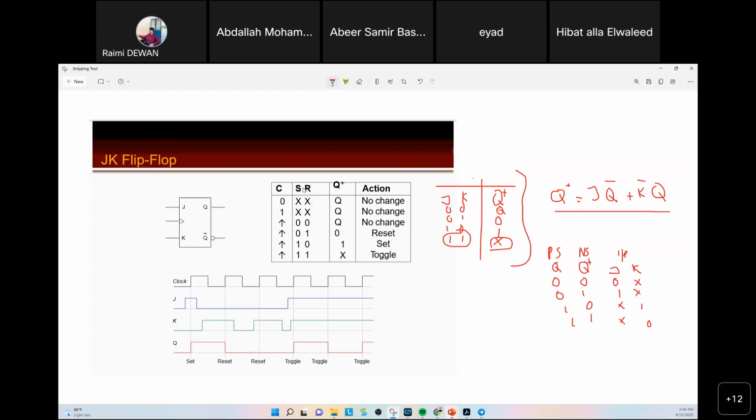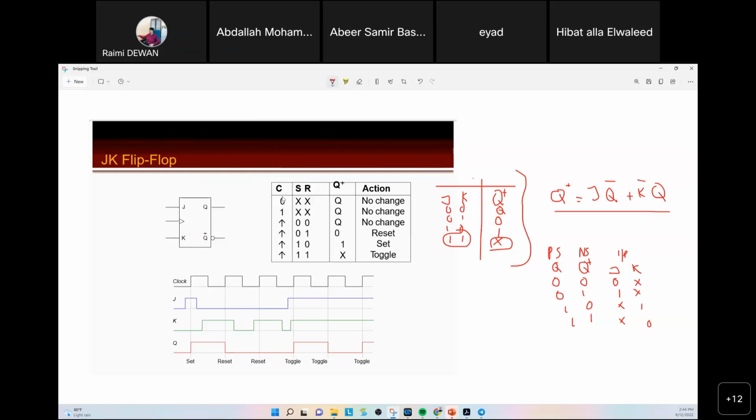I think this one should be JK, because this is not SR. SR is actually your SR latch. Why did you put SR? It should be JK. Please make amends to your slides.